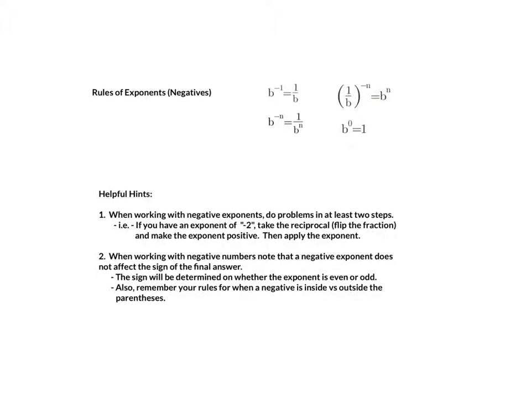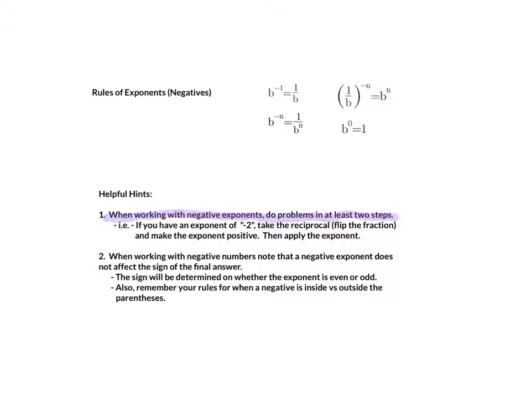So some helpful hints that I want to provide you when working with negative exponents. When working with negative exponents, do problems in at least 2 steps. If you have an exponent of negative 2, take the reciprocal or flip the fraction and make the exponent positive. Then apply the exponents.